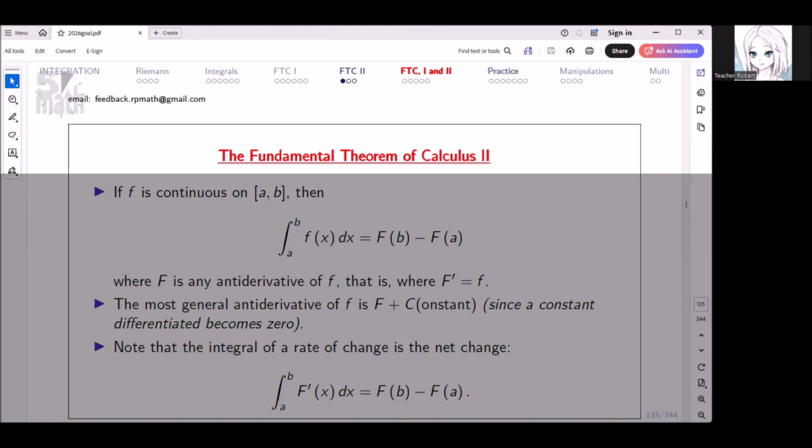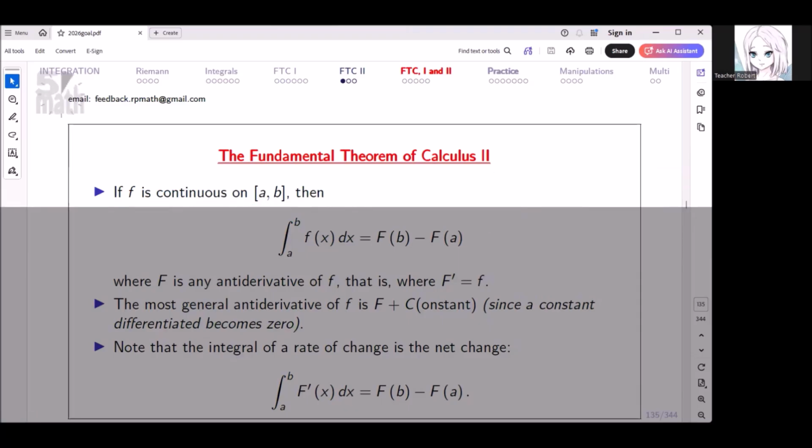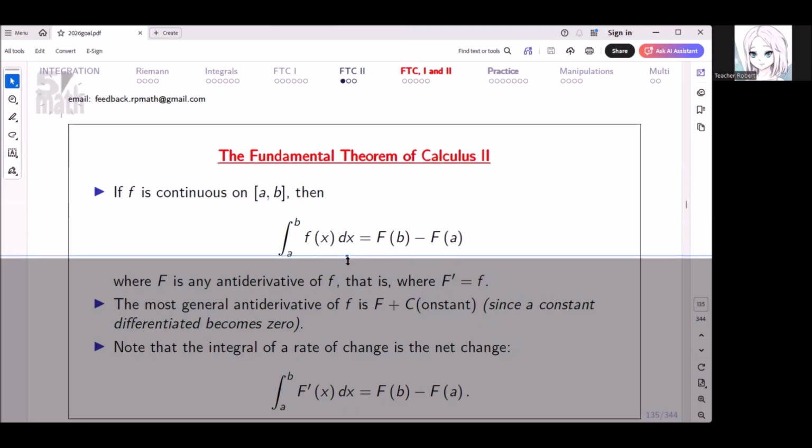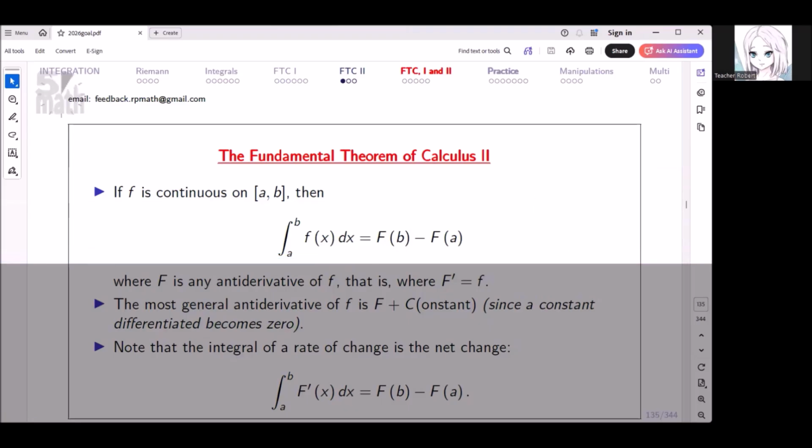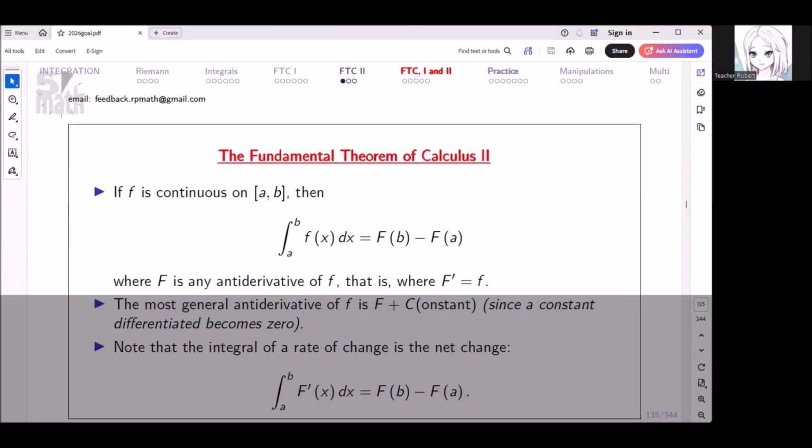The fundamental theorem of calculus 2. If f is continuous on closed interval ab, then integral from a to b f of x dx equals big F of b minus big F of a, where big F is any antiderivative of little f, that is, where big F prime equals f.